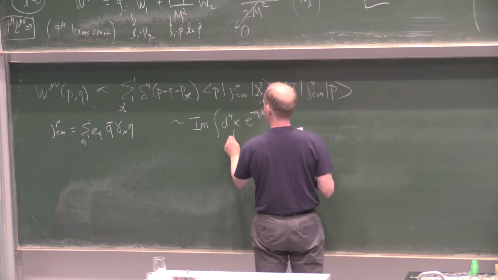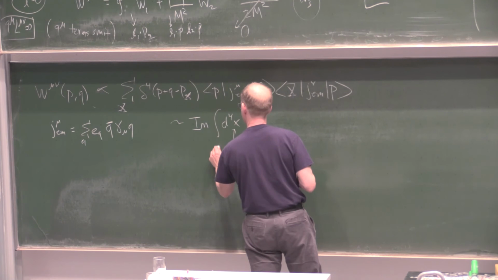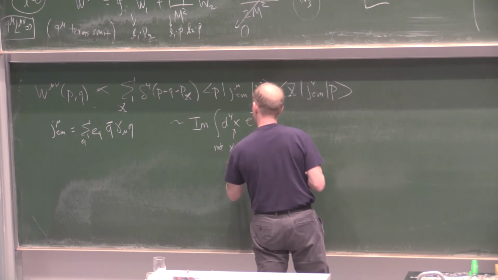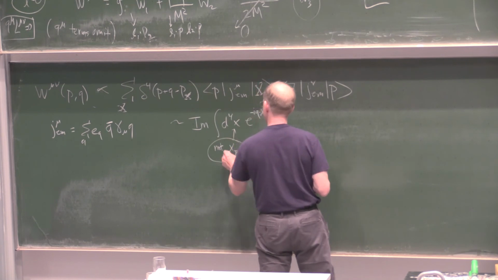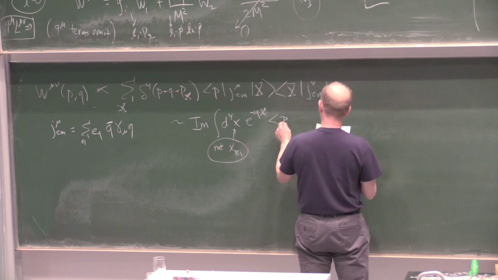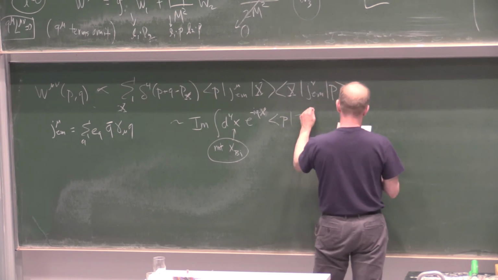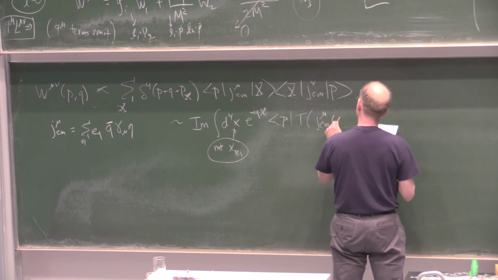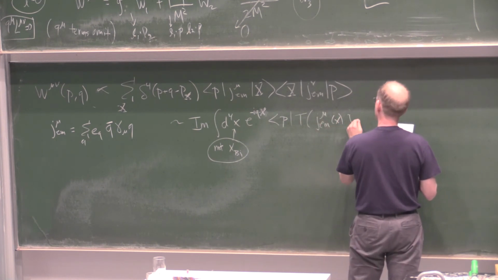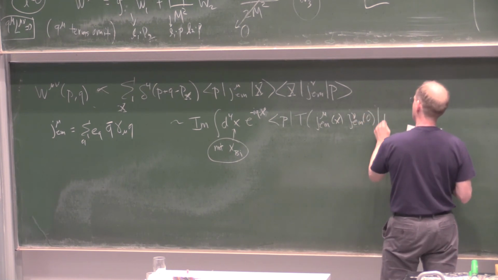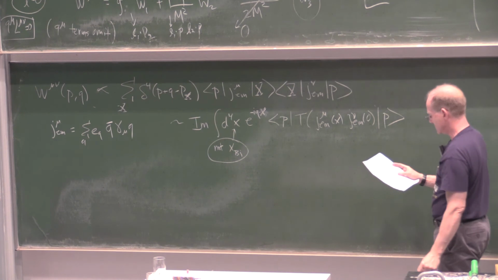And this is just the position x, not the previous x, which is often called xbj, the momentum fraction, but this is just a position variable. So you want to take the transform of the product of two of these currents here, and this matrix element in the proton.